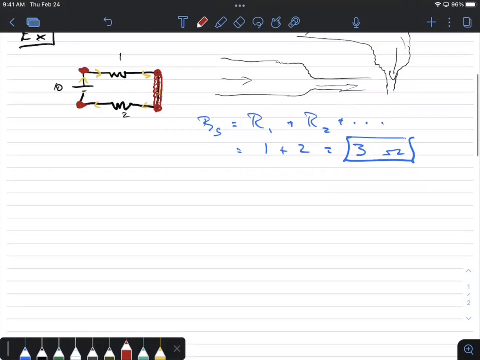And now we use the rules. Now we say if two resistors share only one node in common, then they're in series. Whereas if they share both nodes in common, that is both sides, then they would be in parallel. And so we look at this example and we say, okay, resistor 1 and resistor 2 share the node on the right, but notice the nodes on the left are different nodes.